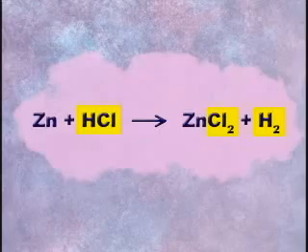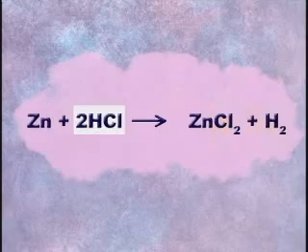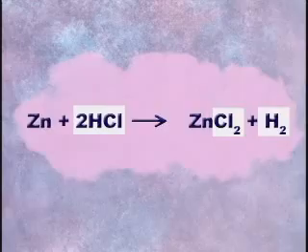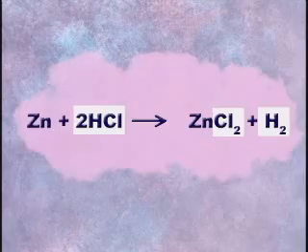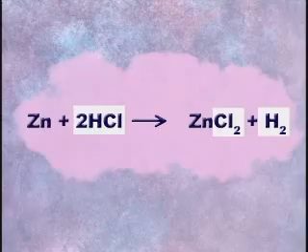Now it's time for those coefficients we learned about. If we place a coefficient of 2 in front of the hydrochloric acid, the equation will be correctly written and mass will be conserved. Just as in math, the coefficient in front of hydrochloric acid multiplies both the number of hydrogen atoms and the number of chlorine atoms in the chemical formula for hydrochloric acid by 2.